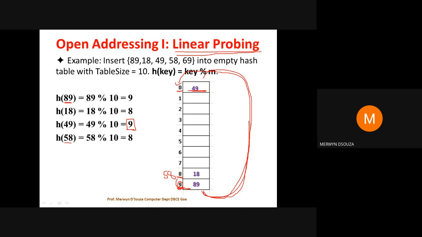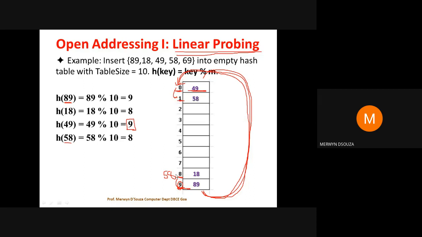Therefore, you go in a circular fashion to 0. Try to insert 58 there, but that is also full. So you go to 1, the next index. Is it full or empty? It is empty. So 58 will be inserted at 1.